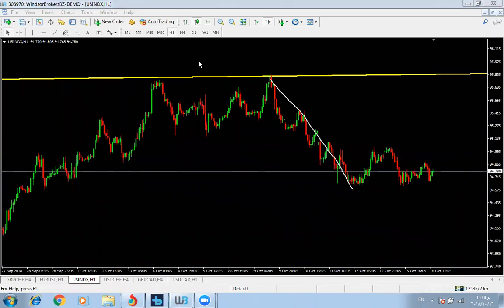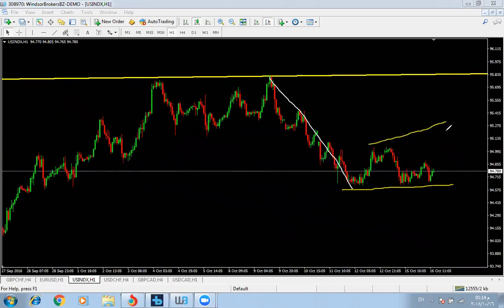My entry points should be as follows. After the price breaks this piece of correction, it might be a triangle, might be a flat like this. This is a triangle, the first possibility. The second possibility is a regular flat like this, and the third possibility is an expanded flat.